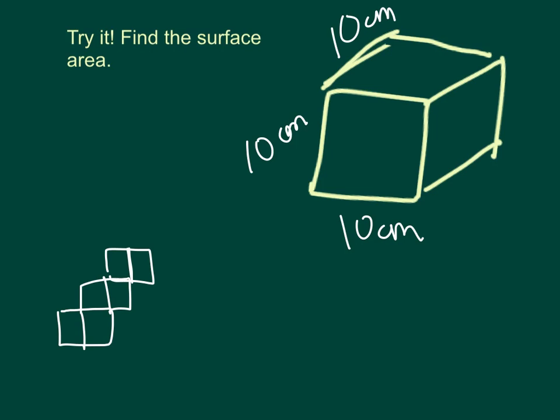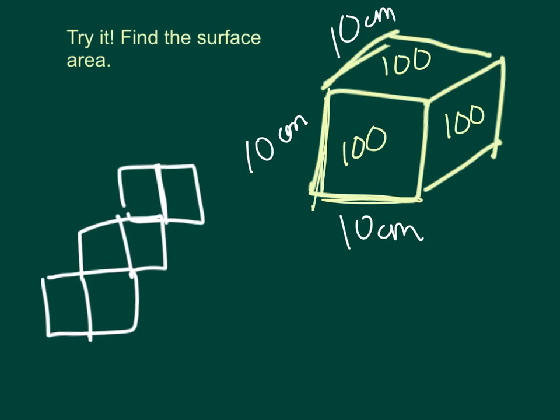And I want to take a look at, if I have 10 centimeters on this base, 10 centimeters on this side, each of my sides will be 100 centimeters squared. But remember, there's 3 sides of this dice that I can't see. I'm going to use the net to help me out. This one would be, let's see if I can make this net a little bigger.